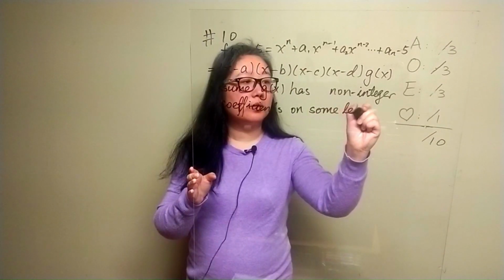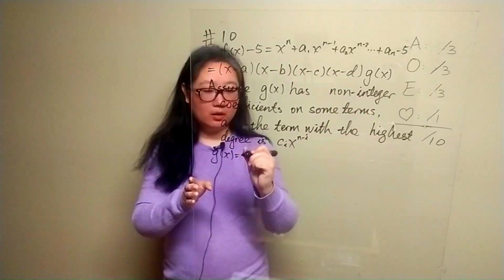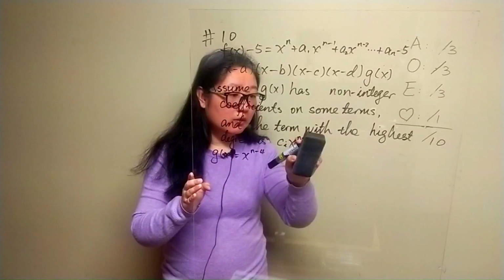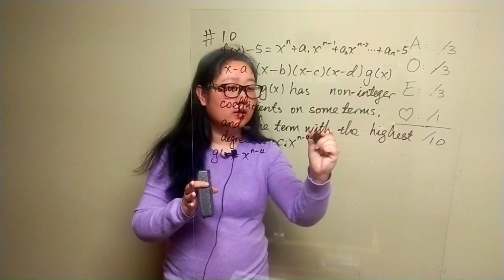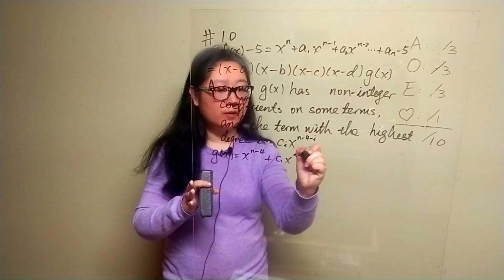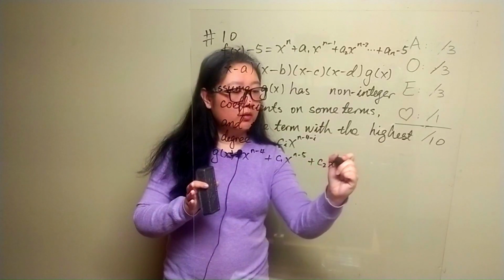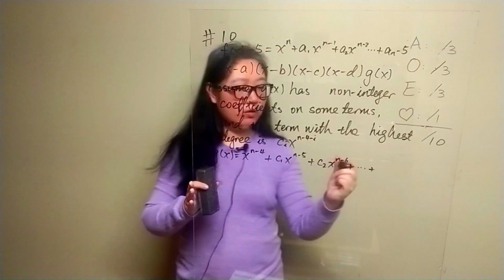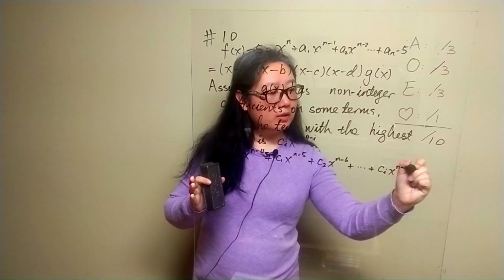Some terms. Highest degree. So if we write out g of x, it's going to be x to the power of n minus 4, plus c1 x to the n minus 5, plus c2 x to the n minus 6, plus, and then all of these are integer coefficients until this one, n minus 4 minus i.